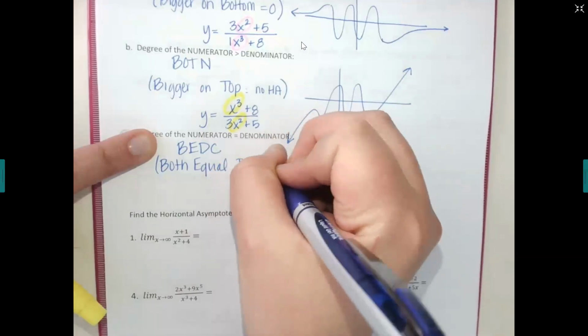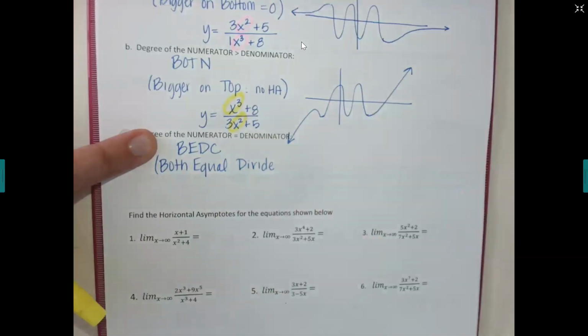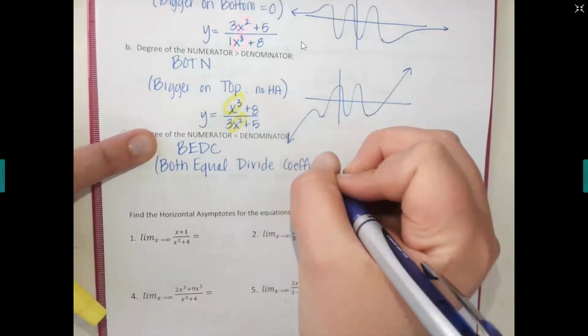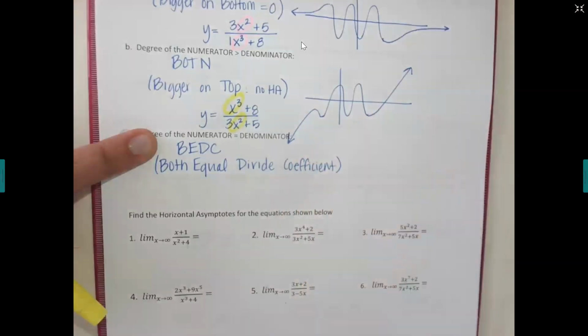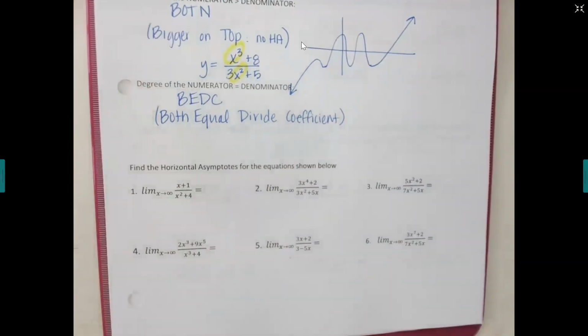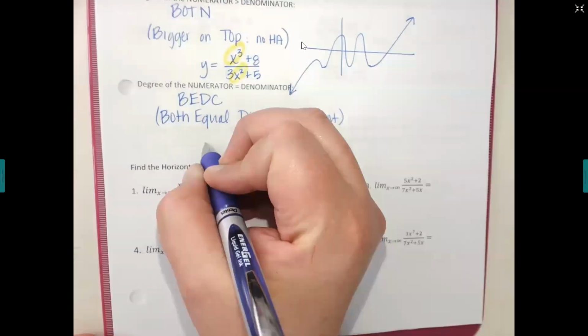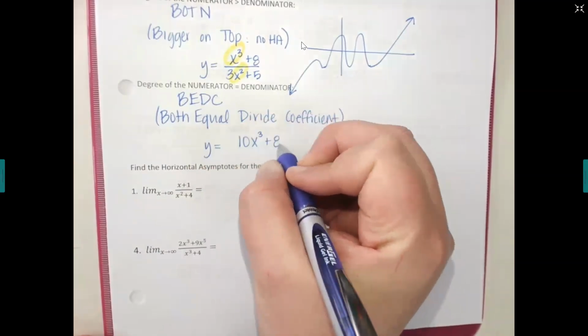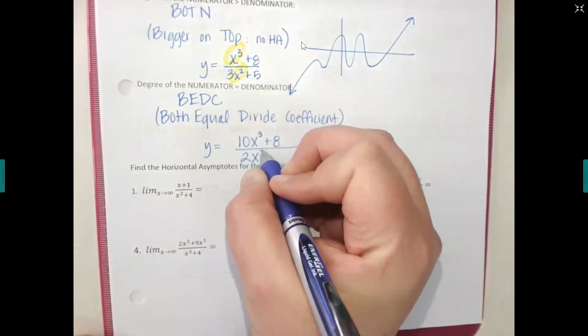I'm going to put divide coefficients, but that is the same, because the coefficient is going to be the constant in front of the x. So both equal, divide the coefficients. Here's what that means. If you have an equation where your top and your bottom powers are equal to each other, so let's say that you have y equals 10x cubed plus 8 over 2x cubed plus 7.